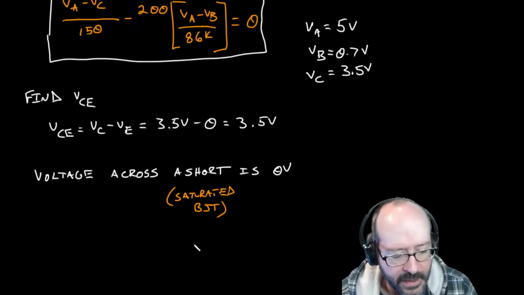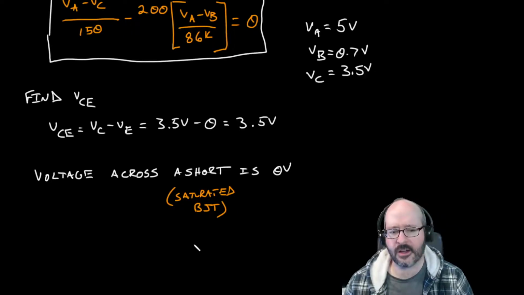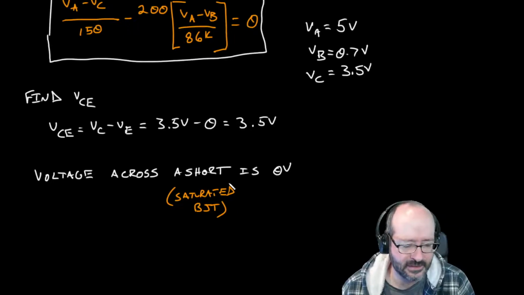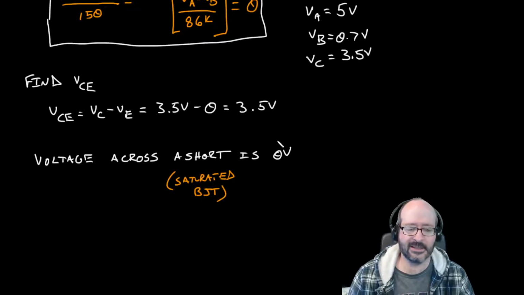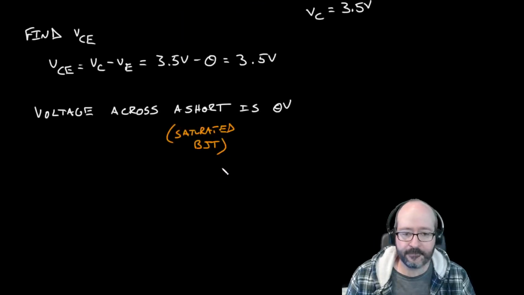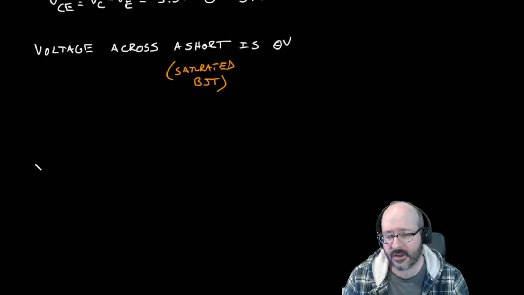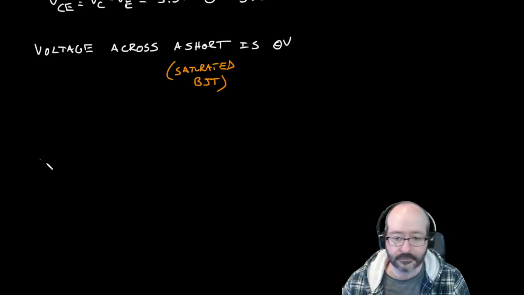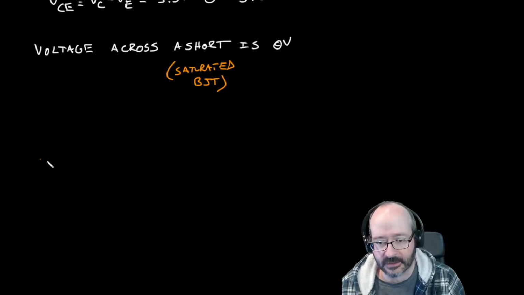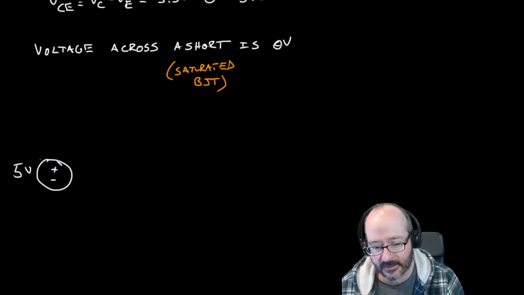Now the open circuit, when we go into cutoff, is a little different. We have to think of this a little differently. If we're in cutoff, let's think about this circuit in a different way. We had that 5 volts out here, connected to an 86K RB.